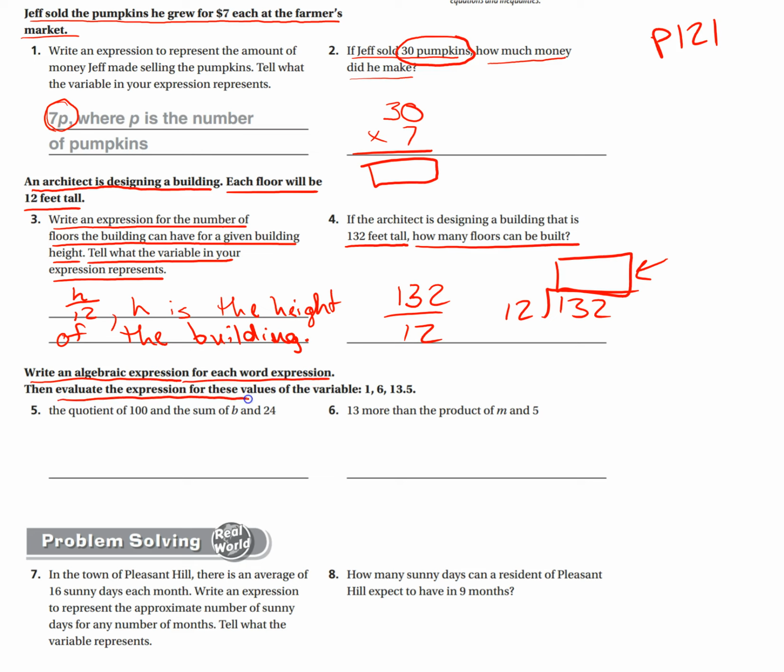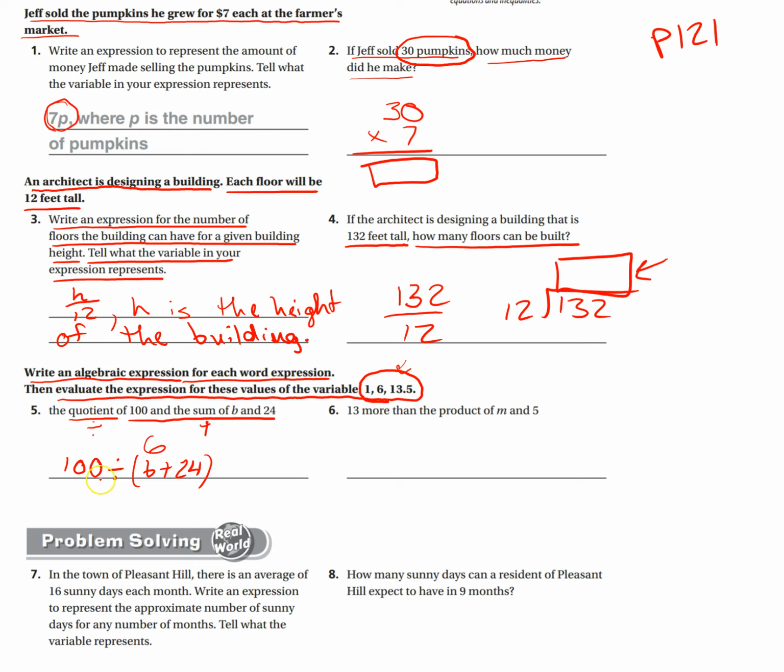Okay. Now I'll let you do the next part, but what you're going to do is first solve this if you plug in 1 for b. So 1 plus 24 would be 25, and then you do 100 divided by 25. That would give you one of your answers. Next, you plug in 6 for b. 6 plus 24, 30.